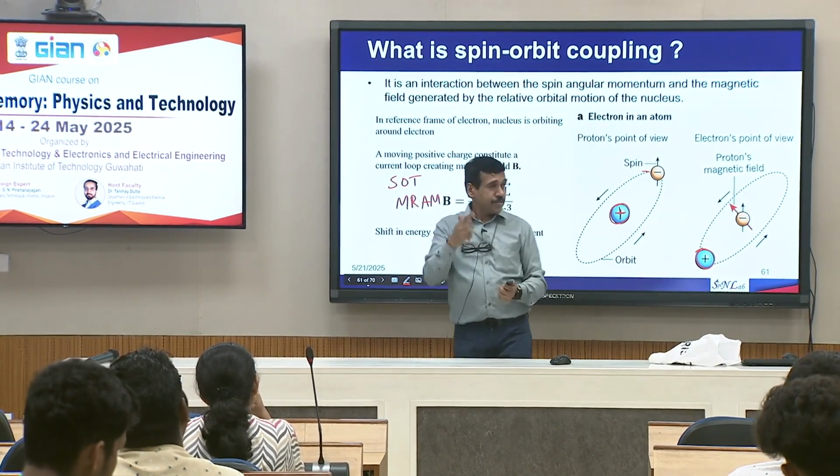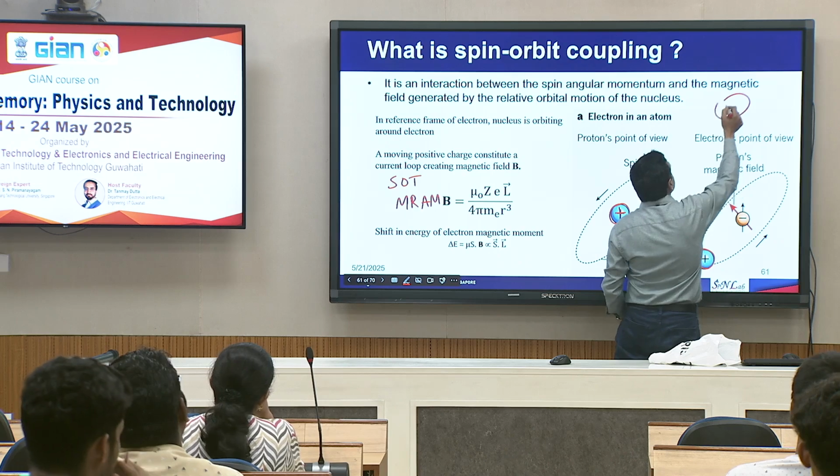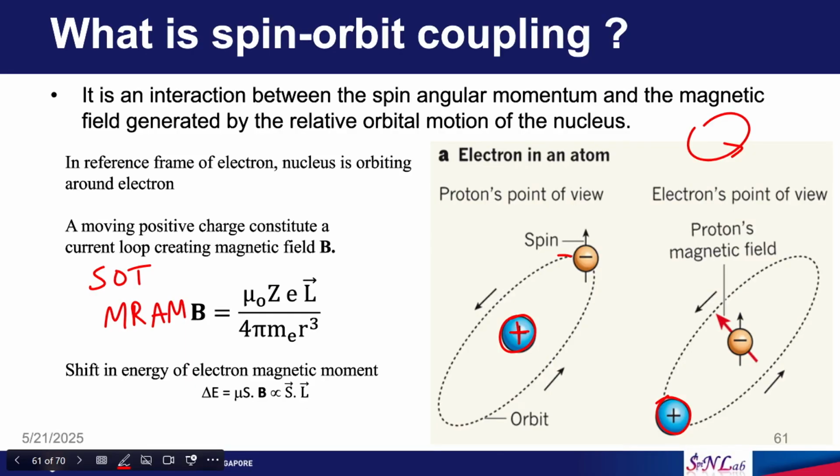Okay. So, we learnt that in a solenoid, right, in a solenoid you are sending current through a loop. Okay. So, current through a loop produces a magnetic field, right. So, we learnt before. So, in this case this is a charge going around, so that is like a current flowing around. So, this electron will see a magnetic field. Okay.